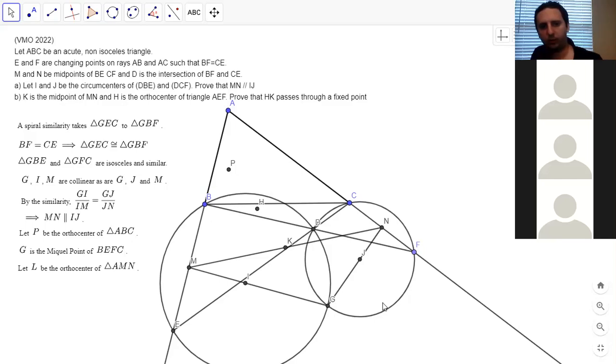Yeah, because we know that P, K, and G are collinear. No, because we know that L is on KG and the Steiner line is the same. So P is on that line.